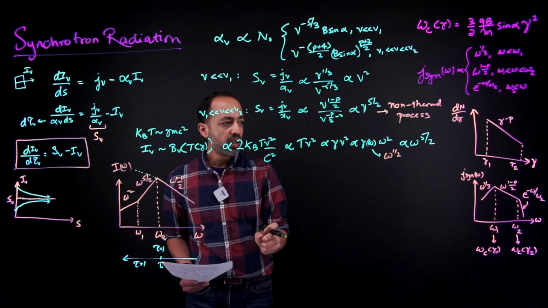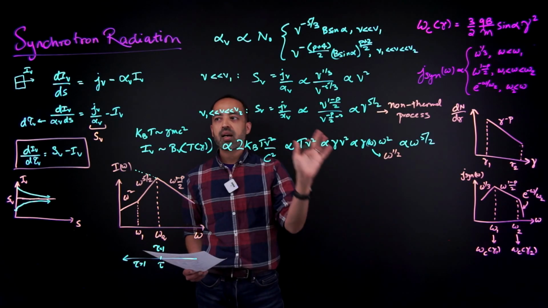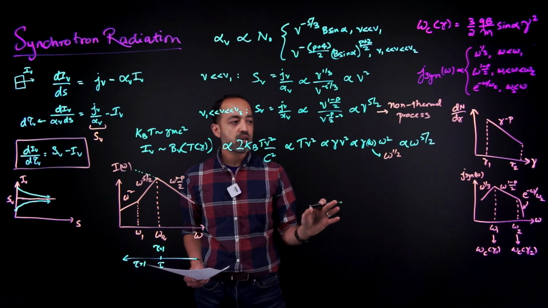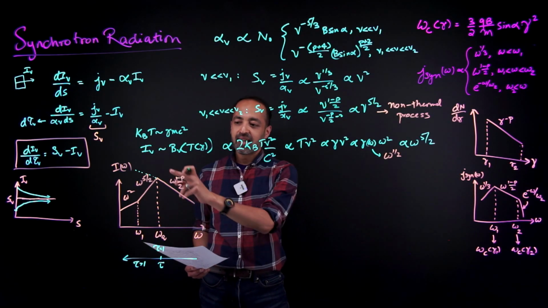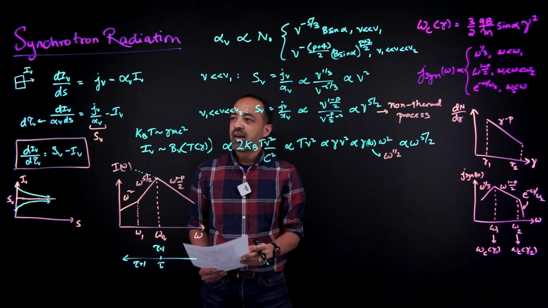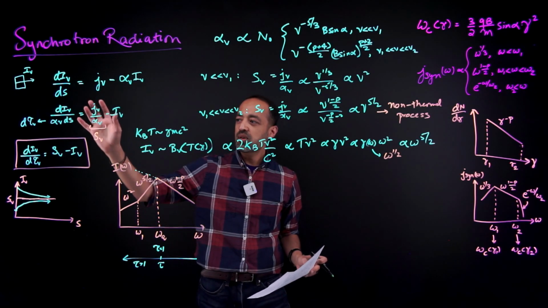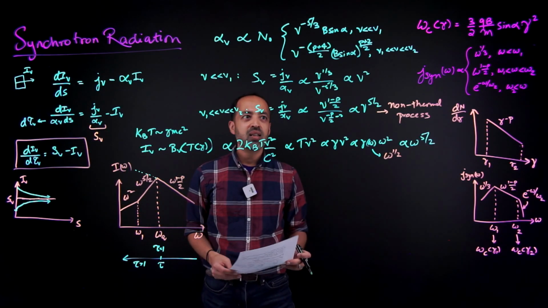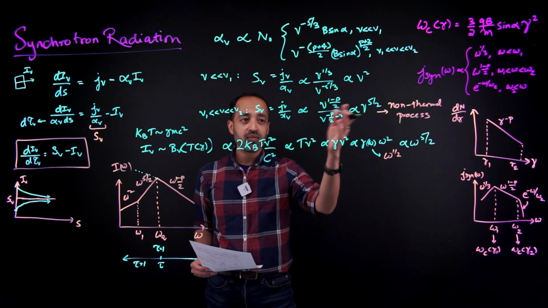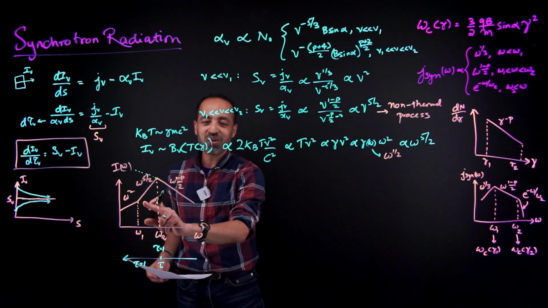And so feel free, at this point, to pause this video and see if you understand what we just talked about and how the radiation spectrum gets self-absorbed and results in these two power law segments. I know we just talked about a whole bunch of different things, from the radiative transfer equation to the conversion of the intensity to the source function, the expressions for the source functions in different regimes, and how you can see now the intensity is converging to the source function in these regimes.